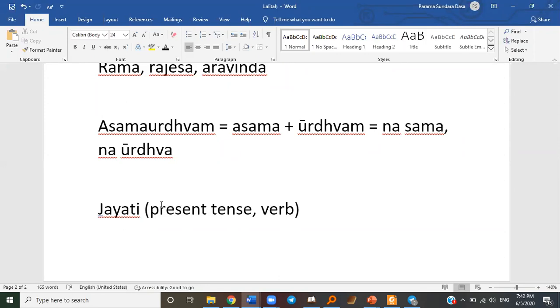It's not like a Prime Minister whose span of ministership gets finished after 5 years. It's not like that. That after one Manu, after one Kalpa, the Supreme Personality of Godhead is changed.